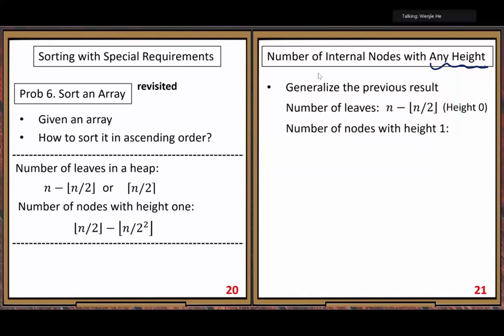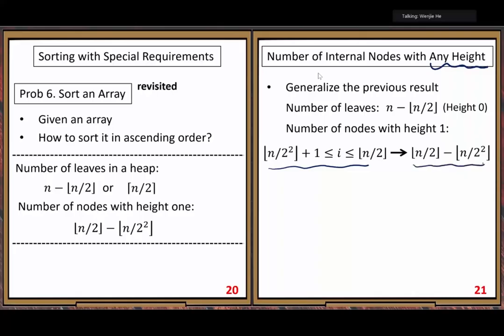The number of nodes with height 1, that's the range, and this is the counting number. By our logic, we can derive or guess the formula quickly. We want to make a reasonable guess based on the structure of these formulas.